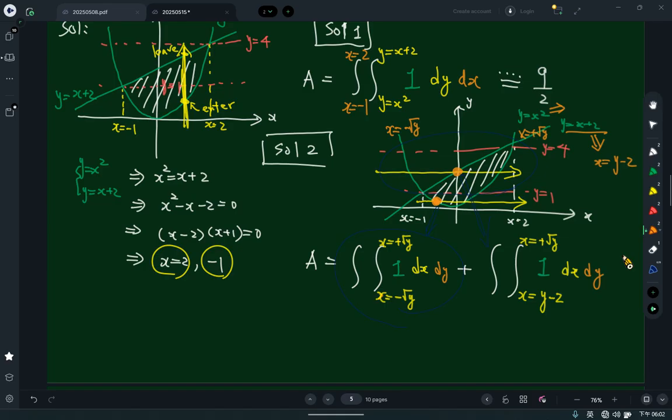Okay, so I put y from 0 to 1. Then here y is from 1 to 4. Okay, am I correct?